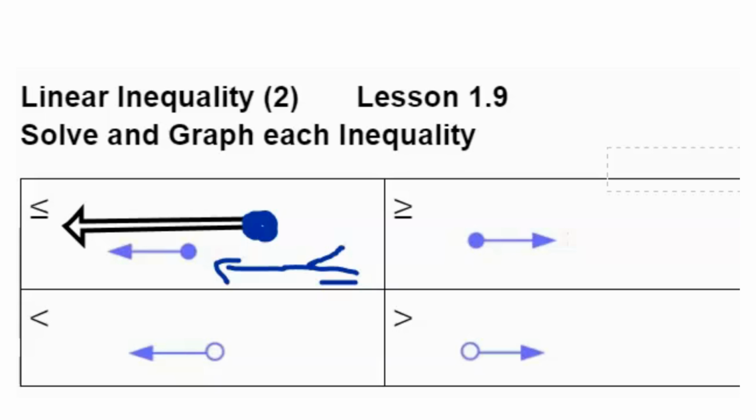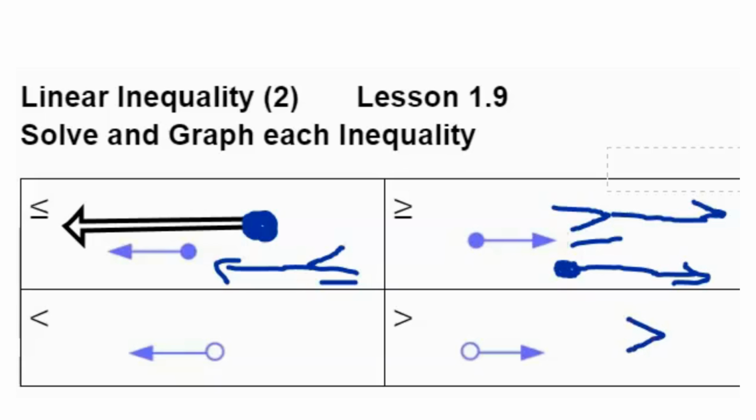So if you're given something like this, which is greater than or equal to, depending on the answer you got, it means that your arrow will have to go towards the right-hand side, but it will be a closed circle, so make sure that you close the circle. The only time you leave the circle open is when you only have one sign, which is either the greater than sign or the less than sign.